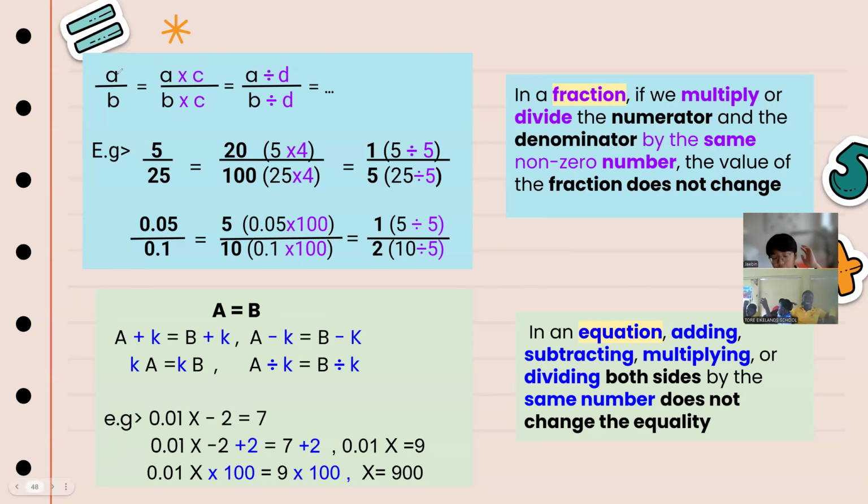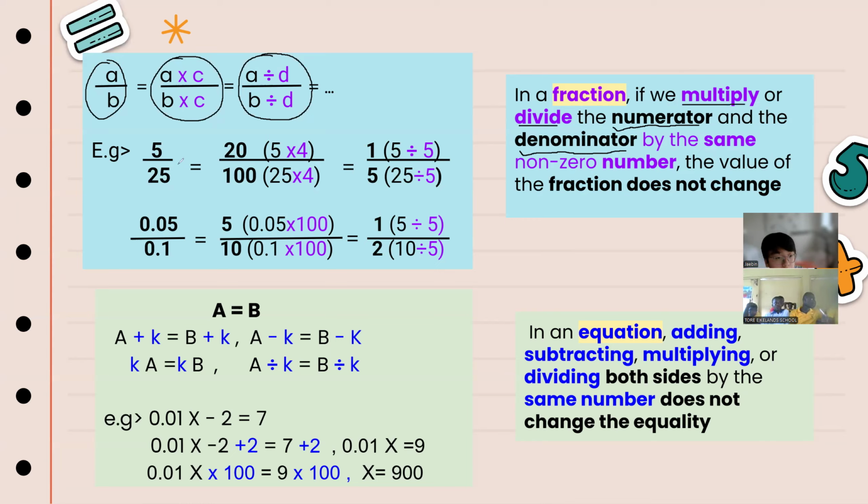If we have a fraction of A over B, you can write this the same as A times C over B times C, or A divided by D over B divided by D. All of these are equal to each other, because in a fraction, if we multiply or divide both the numerator and the denominator by the same number, the value of the fraction does not change.